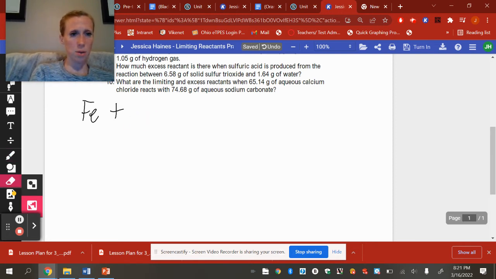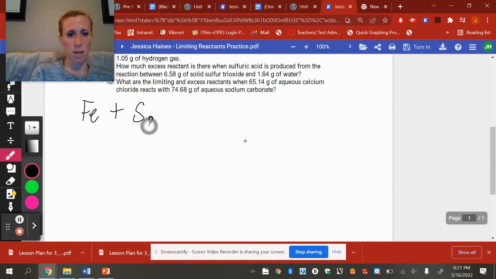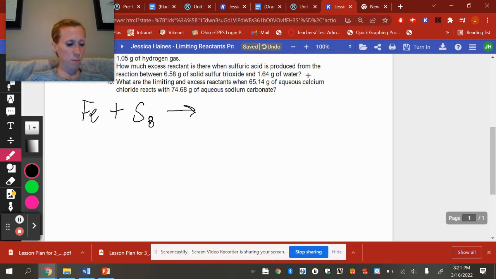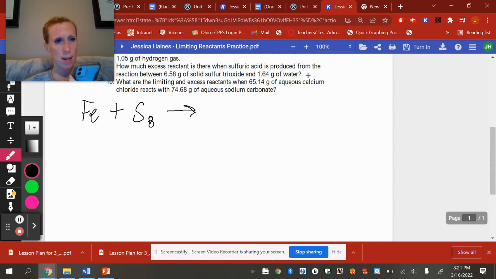And I may not know what this is because I don't have my big periodic table to look at. Maybe Siri knows. What is the common charge for iron?